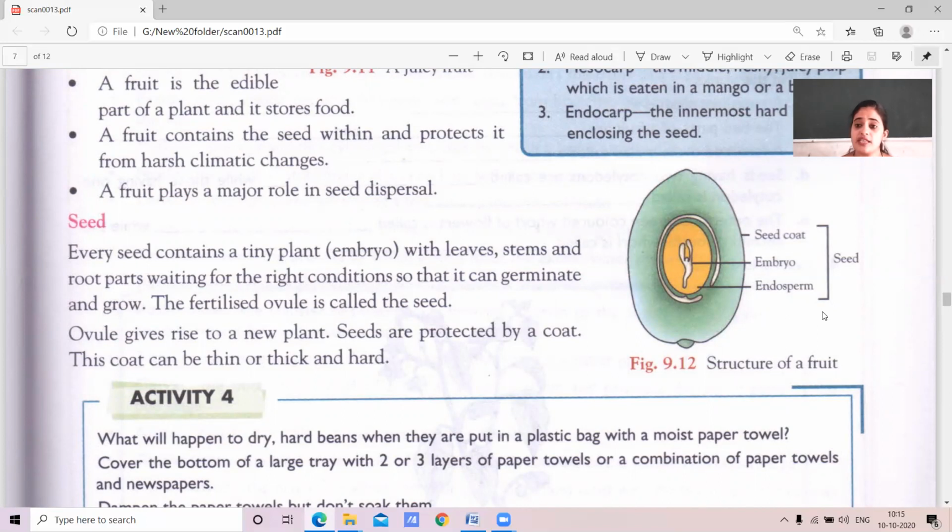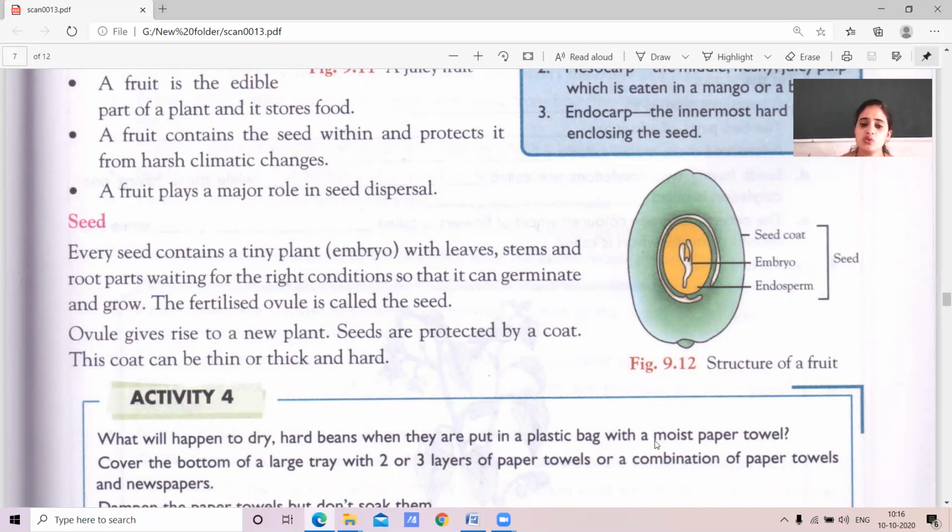Yes, children, the fertilized ovule, what we have seen in the flower, ovary and ovule after fertilization. The fertilized ovule, we call it as seed. Ovule gives rise to a new plant and seeds are protected by the coat. We call it as seed coat. This is thin or thick and hard that protects the seed.